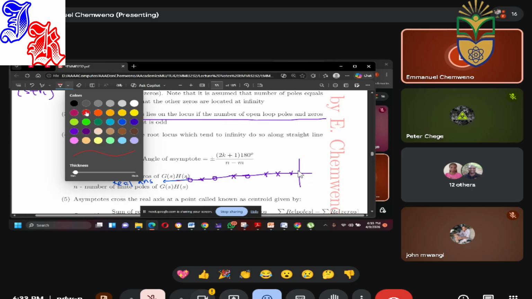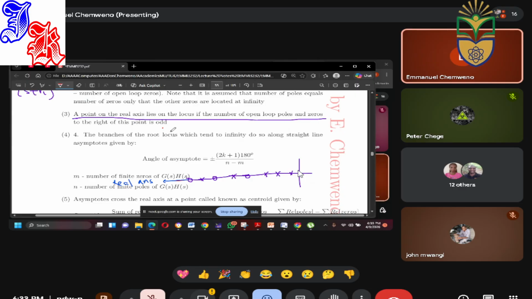A point lies on the locus if the number of poles or zeros to the right of this point is odd. So if anywhere along here there is no pole or 0 to the right, the count is 0. But when I come here, the number of poles to the right is odd. So this becomes part of the locus.